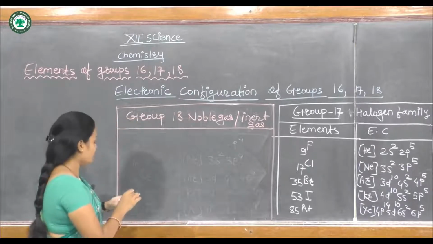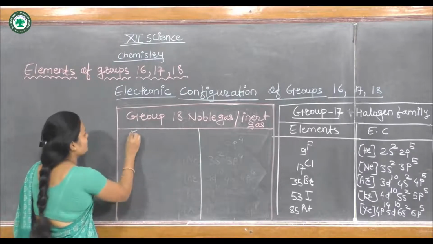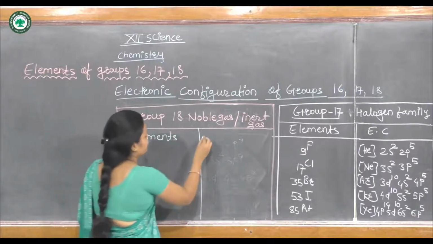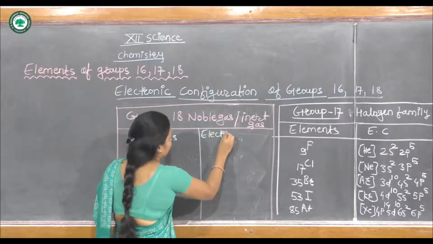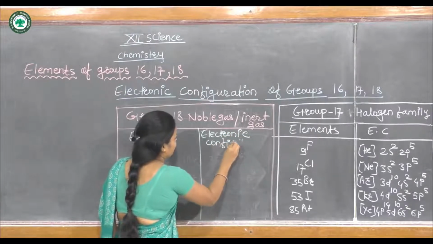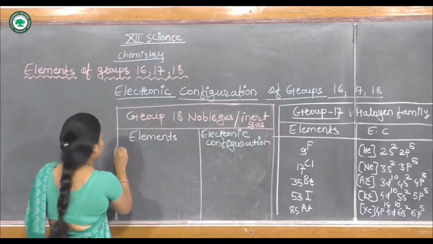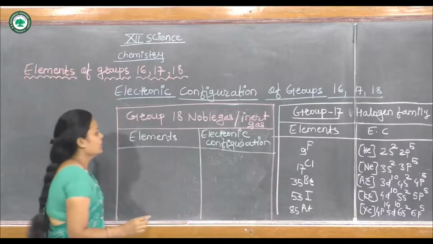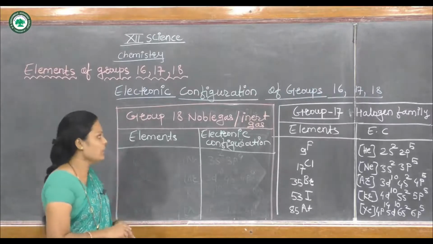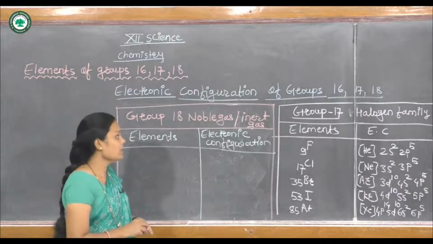Now here are the elements' names and their electronic configurations. One by one we will discuss all of the elements in group 18, the noble gas or inert gas elements.